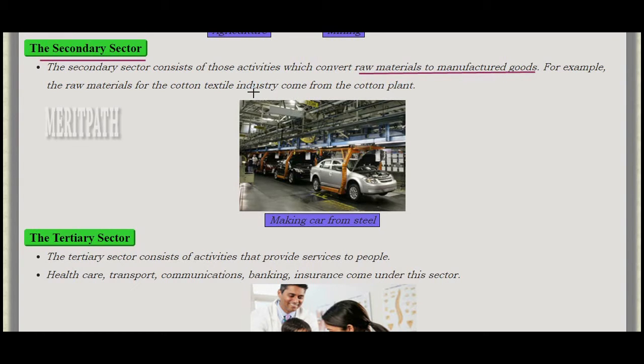Stainless steel will be converted into a modified shape known as a car. In this image you can see a car is being made from stainless steel. So stainless steel is the raw material and the car is the final finished product. The secondary sector involves those activities in which raw materials are converted into manufactured final products.